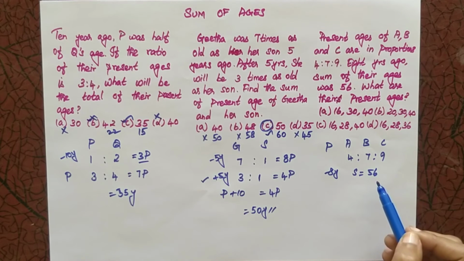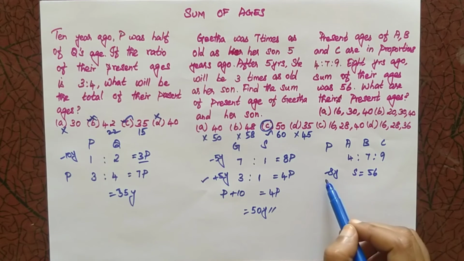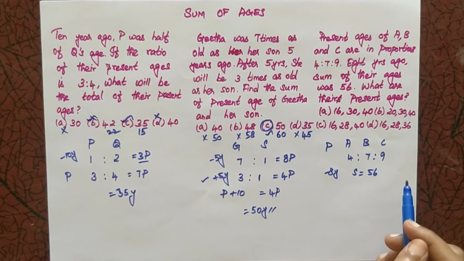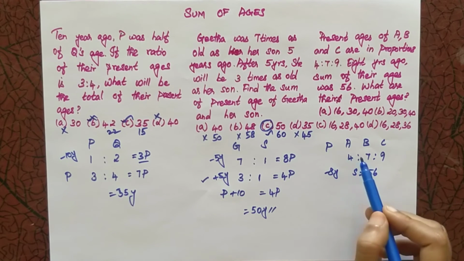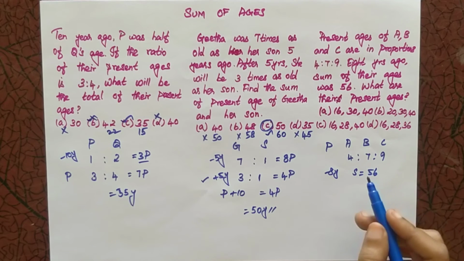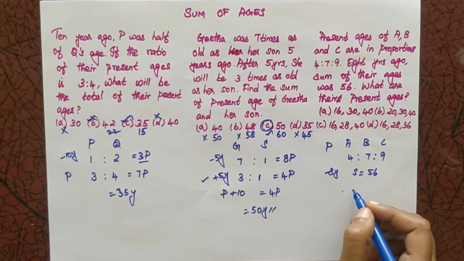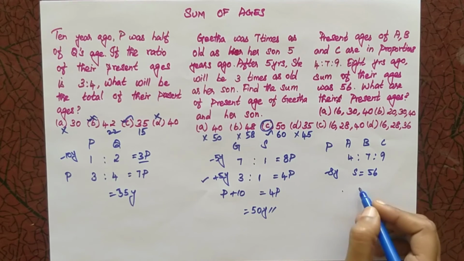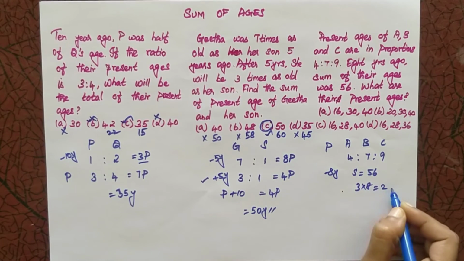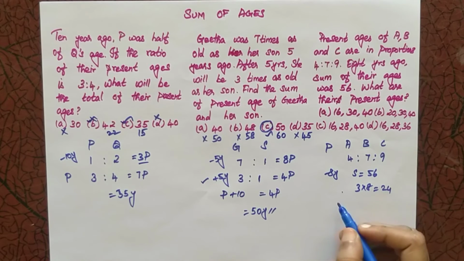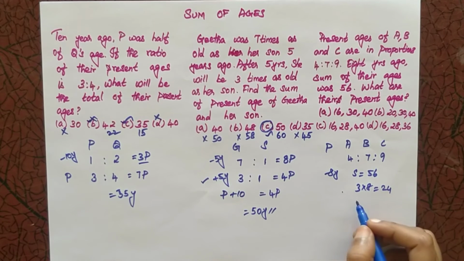So if we consider present age, then we have to add 8 for each person. For each person 8, that means 3 times we have to add 8, as here we have 3 persons. So 3 into 8, it is 24. So we have to add 24 with this sum of 8 years ago age.